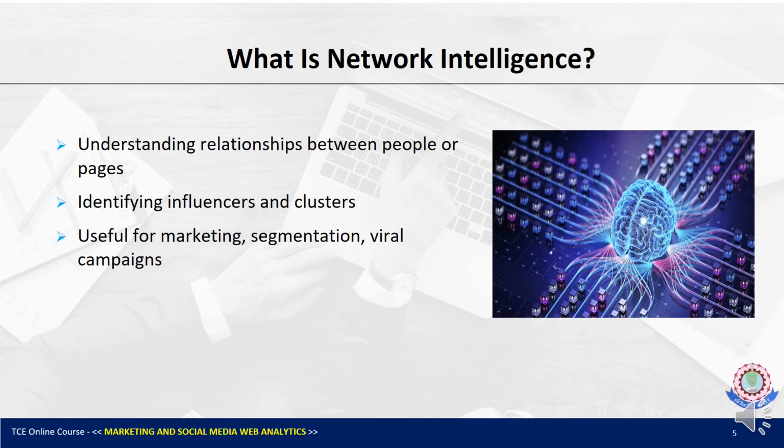In the marketing world, network intelligence allows us to identify key influencers, detect communities or clusters of interest, understand engagement patterns, and design campaigns that leverage those connections. Essentially, when we analyze relationships between people, pages, brands, or communities, we are doing network intelligence.